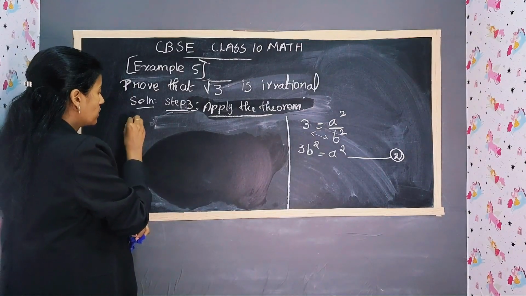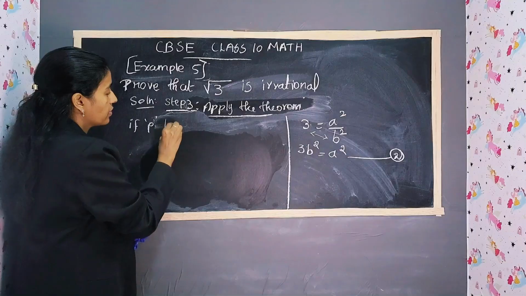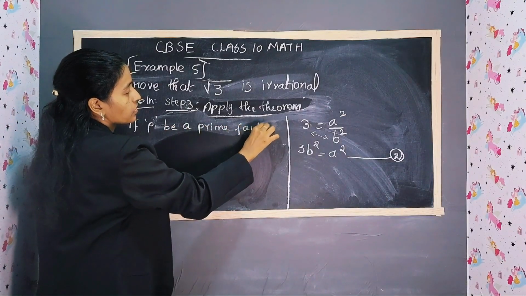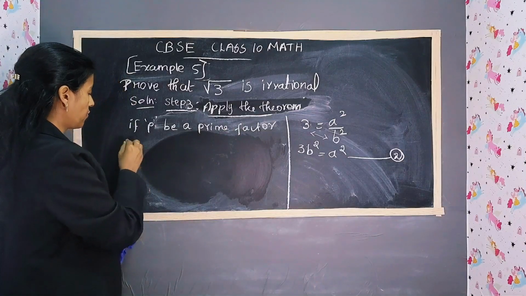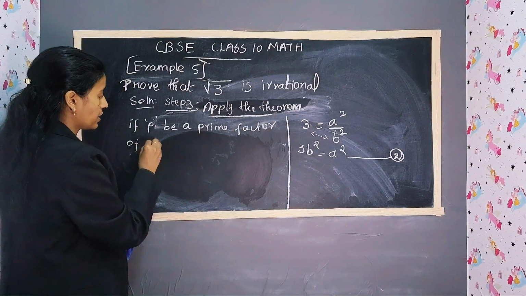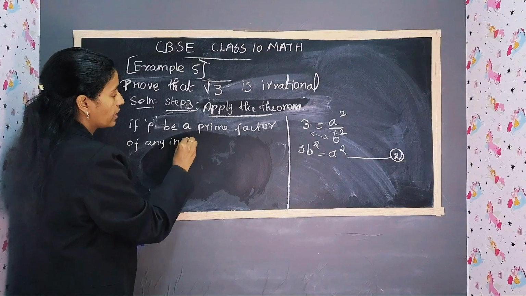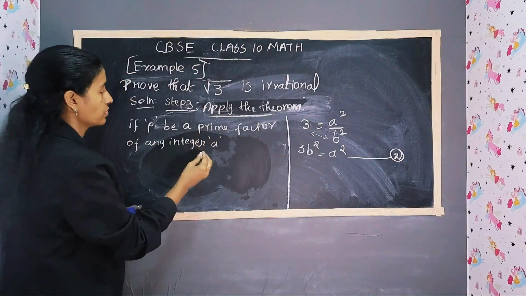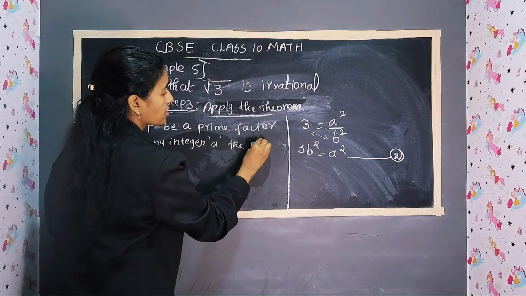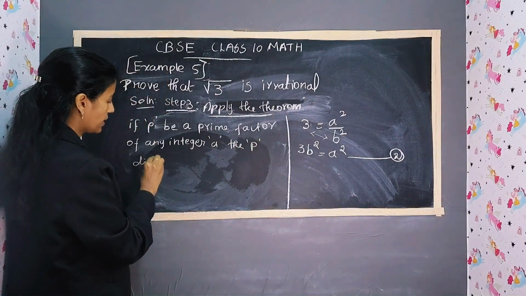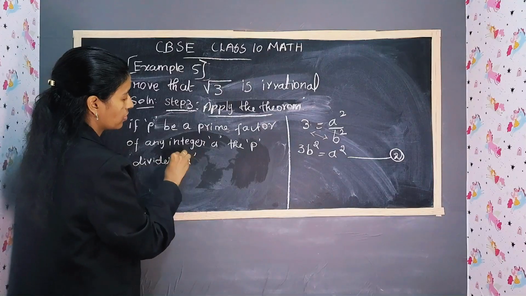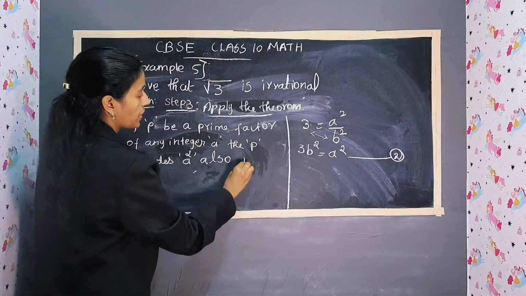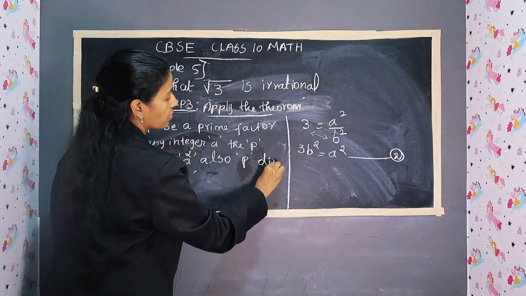Theorem is if P be a prime factor of any integer a, then P divides a square, also P divides a.